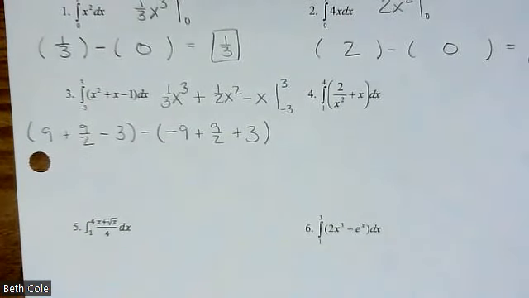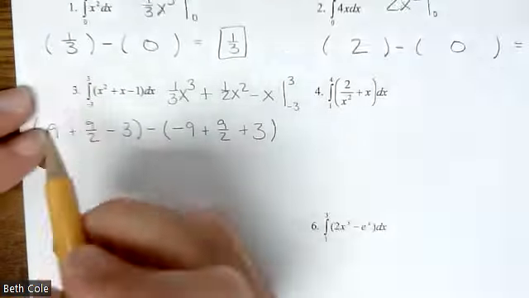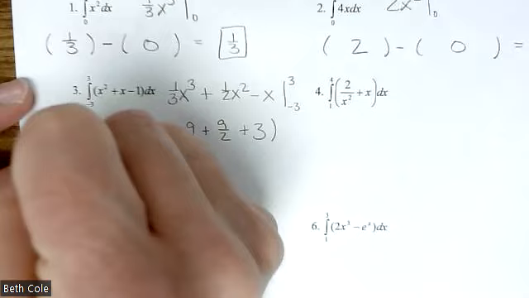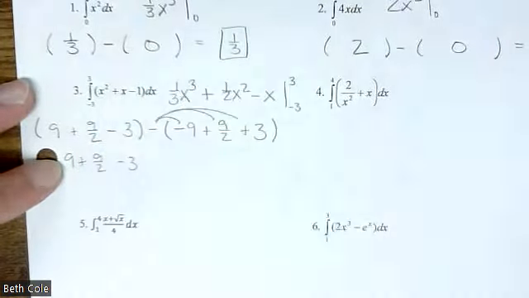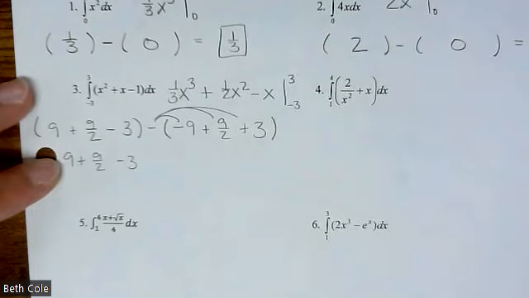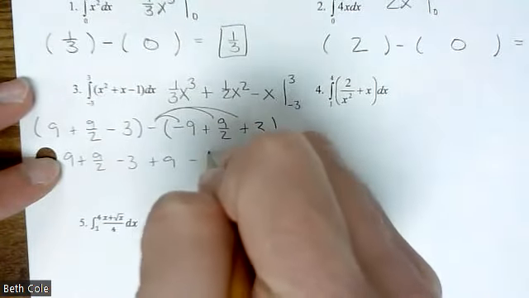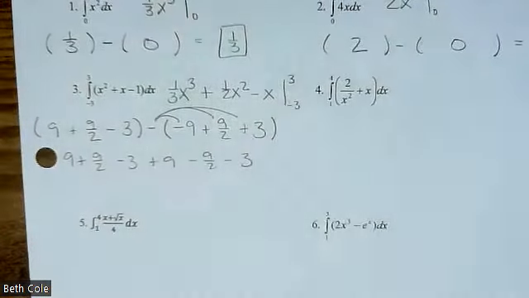This one actually won't be too terrible, so we're going to keep going. Okay, write out the first part, 9 plus 9 halves minus 3. We're going to distribute the negative through there. Everything will just switch signs. Don't be too proud to write it down.